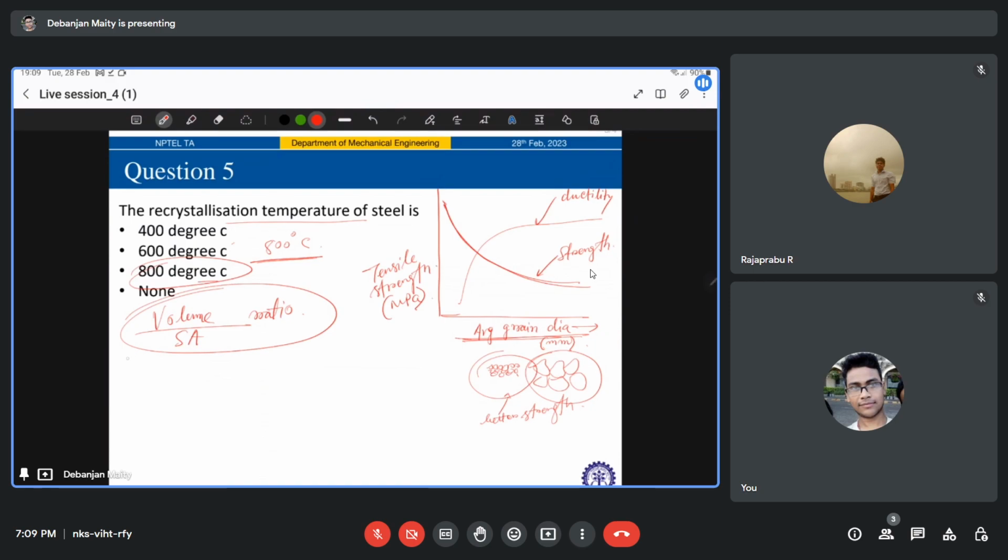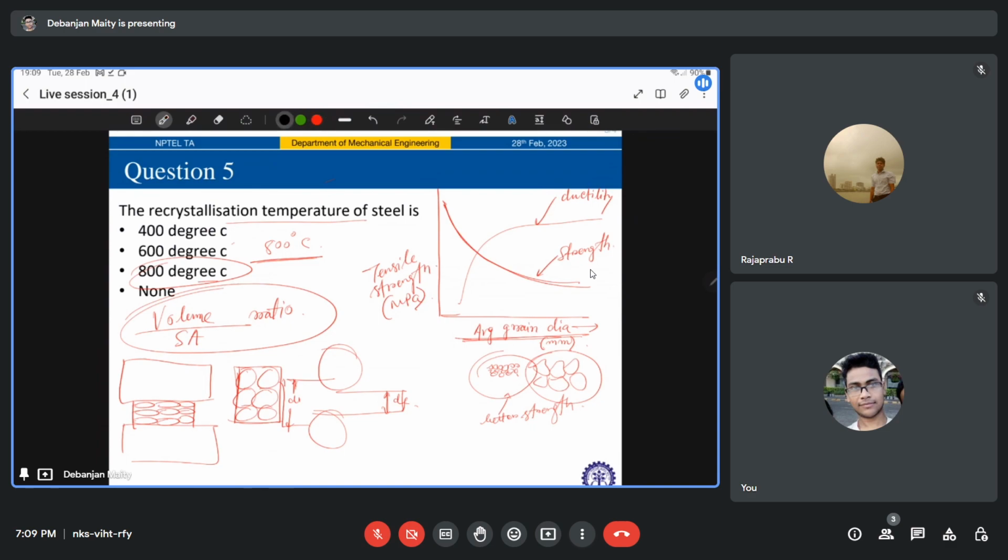So let's say you are doing some forging operation. Initially the workpiece was like this, and then you're reducing the length, reducing the thickness. Let's say the grains were like this, spherical grains. The grains will be elongated because of this cold working process, is it not? Now let's say you are doing some rolling operation like this, and this is your final diameter, DF, and this is your initial diameter.